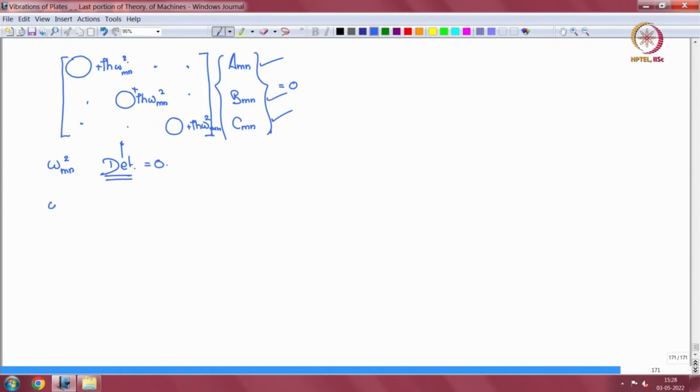So you will get a cubic in omega mn square. Okay, so you will get a polynomial: omega square into something plus omega mn square into something plus a constant. That is what you will get.